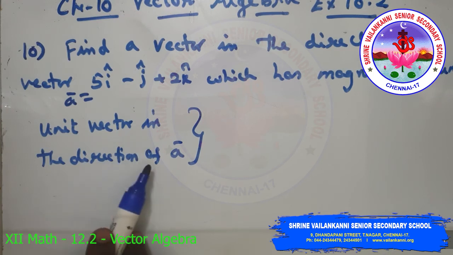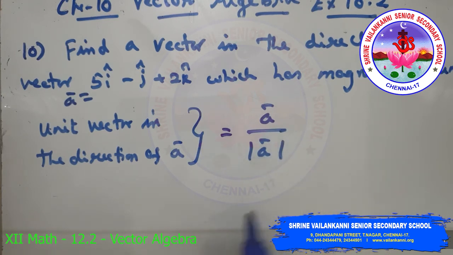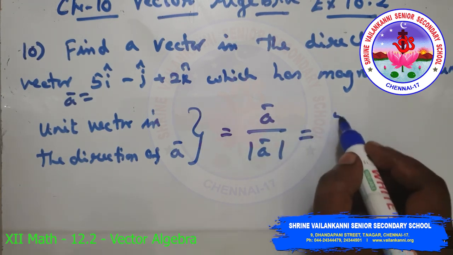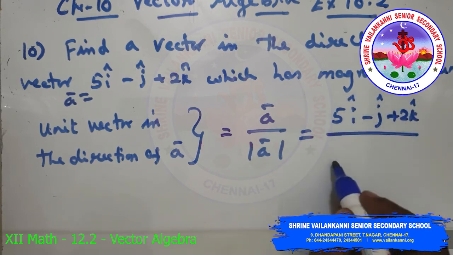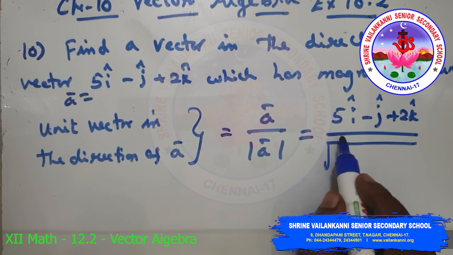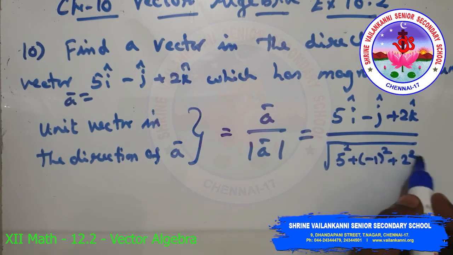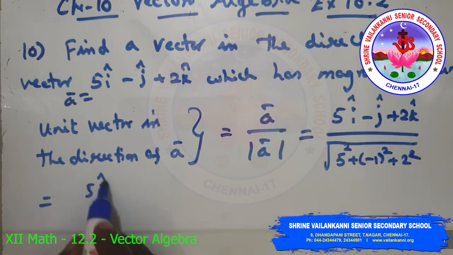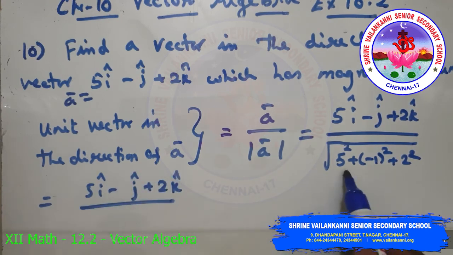Unit vector in the direction of a is vector a by magnitude of a, which is equal to 5i minus j plus 2k whole by magnitude of a, which is the square root of the sum of squares of coefficients of i, j, k, that is 5 square plus minus 1 whole square plus 2 square, which is 5i minus j plus 2k whole by 25 plus 1 plus 4, which is root 30.